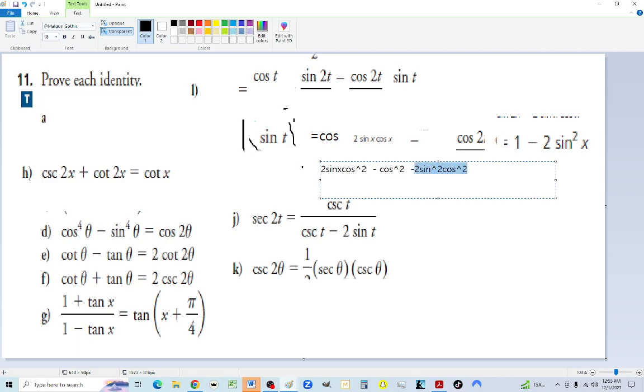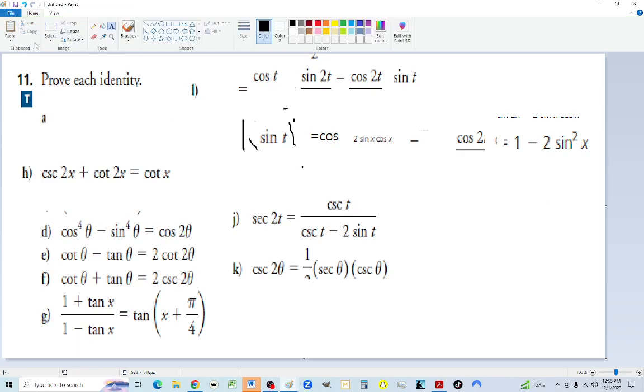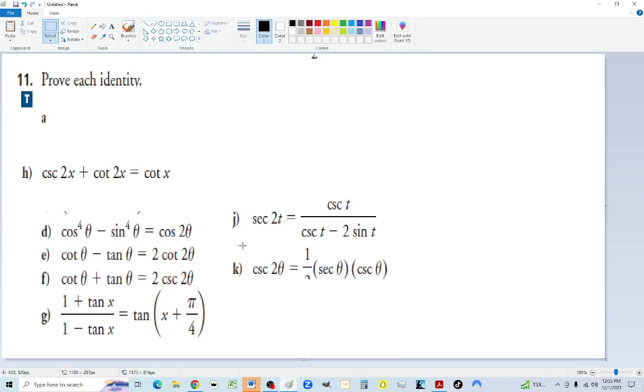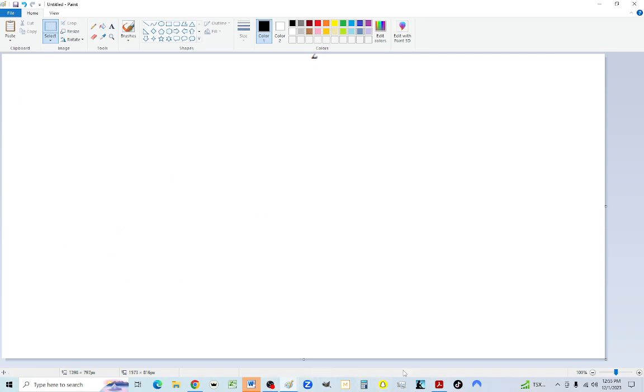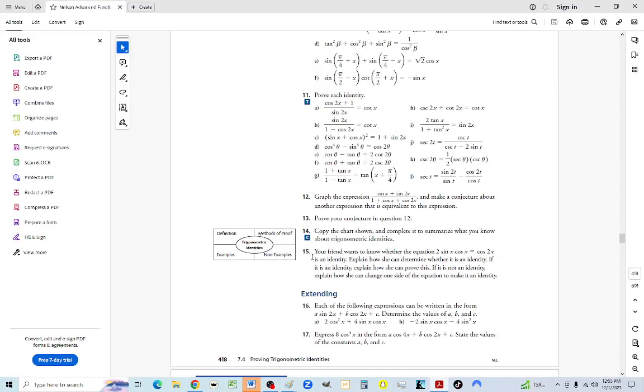So notice that these cancel with this, and I don't believe that's true. It's a weird one. Yeah, so I think I don't have time to go through all that. That's the idea, though. You just keep replacing until you can cancel.